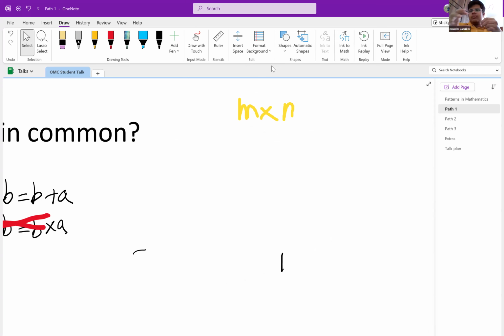When you are multiplying two matrices, say an m cross n and an a cross b, the condition is that a has to equal n. These two have to be equal.